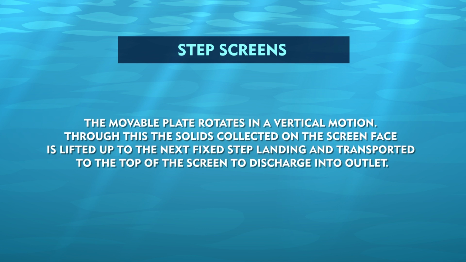The movable plate rotates in a vertical motion. Through this, the solids collected on the screen face are lifted up to the next fixed step landing and transported to the top of the screen to discharge into the outlet.